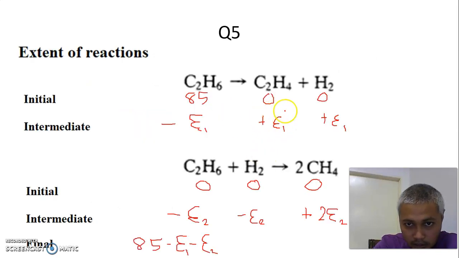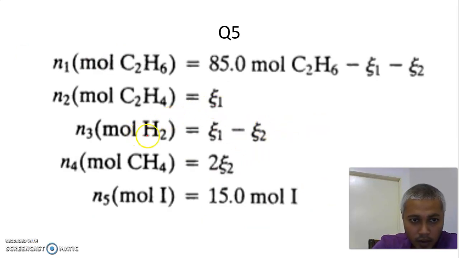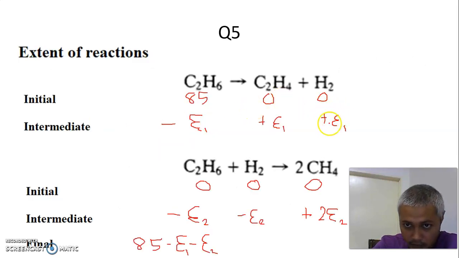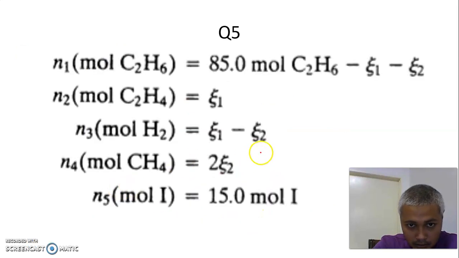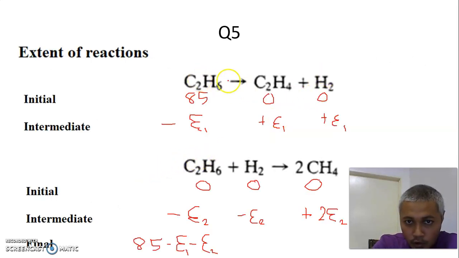This is the product of the first reaction, but there is no C2H4 in the second reaction, that's why we only have plus epsilon 1 here. For H2, or N3, we have plus epsilon 1 and also minus epsilon 2, because for the second reaction H2 is the reactant. Then for CH4, there is no CH4 in the first reaction, but we have CH4 in the second reaction, where it is the product. That's why we have plus 2 epsilon 2.